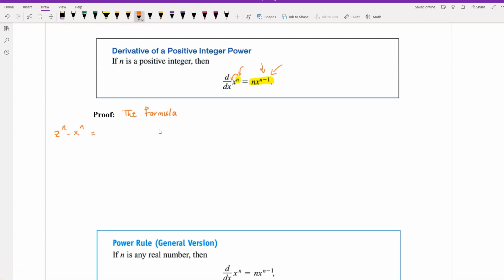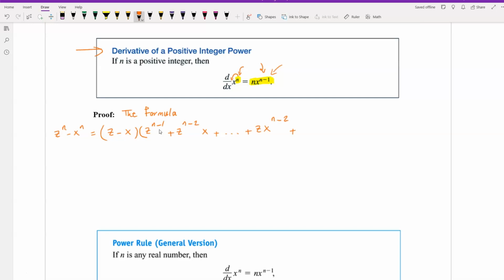Now I'm going to prove this rule using this formula: z to the n power minus x to the n power is equal to z minus x times z to the n minus 1 power, plus z to the n minus 2 times x to the power 1, plus, using 3 dots, then plus, now the power for z is 1, but the power for x is n minus 2.